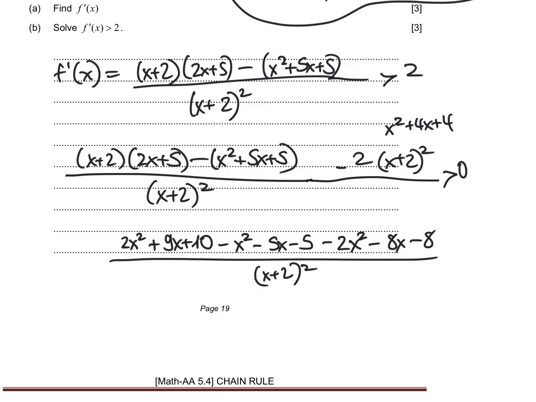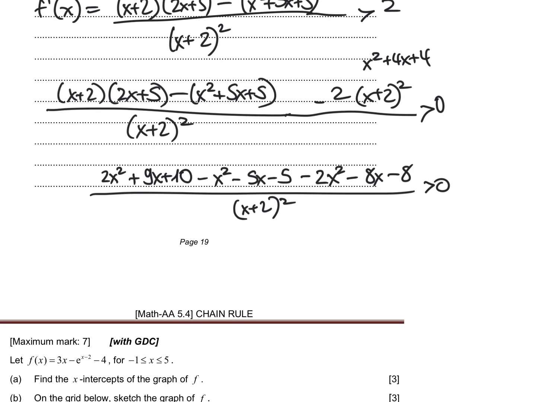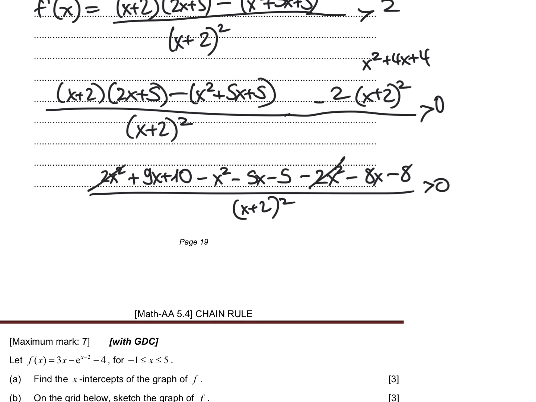Don't do the denominator. So then we're going to have 2x squared minus 2x squared, so we're just going to have a negative x squared. And then 9x minus 5x, which is 4x, minus 8x, which is negative 4x. And then 10 minus 5, which is 5, minus 8, which is negative 3.